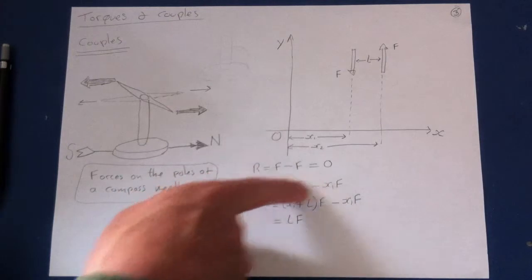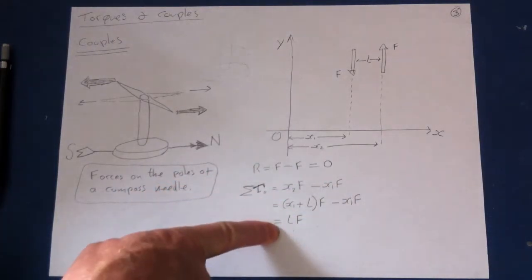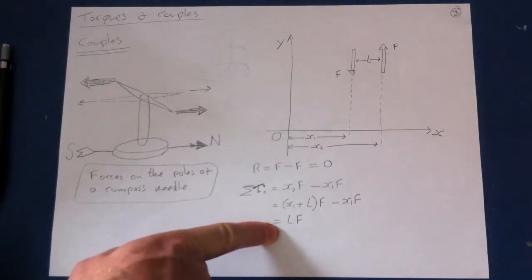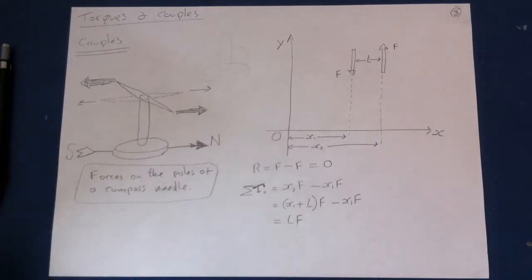If you manipulate that, you'll find that the x's cancel, and you're left with the formula that we've seen before, that the torque is the arm times F. So the distances x1 and x2 do not appear in the result, and we conclude that the torque of a couple is the same about all points in the plane of the forces.